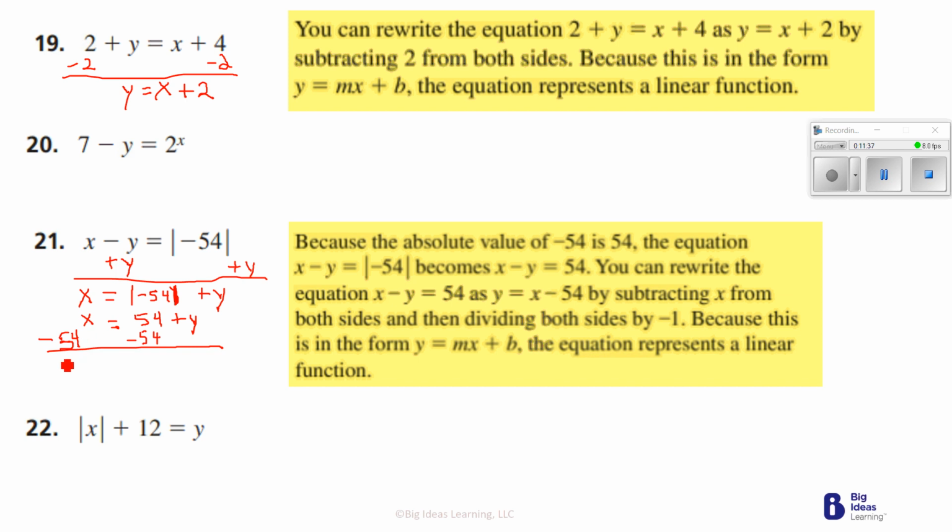This is going to give us x minus 54 equals y. And I can swap these sides, making it y equals x minus 54. Now you can see where they got y equals x minus 54. So this is a linear function.